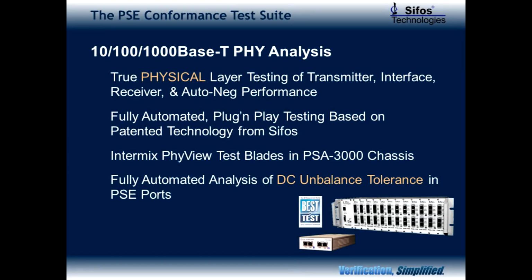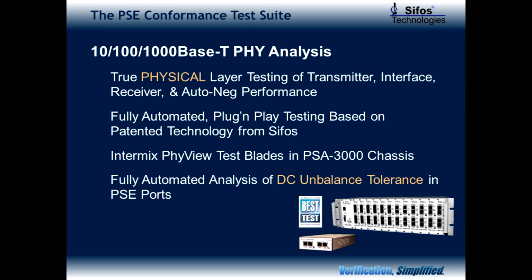Many of you who are responsible for PSE testing may also be interested in methods for efficiently analyzing 10, 100, 1000 BASE-T performance. While we wait for the completion of the PSE conformance test, let's take a brief look at the 5U analyzer from Sipos Technologies.